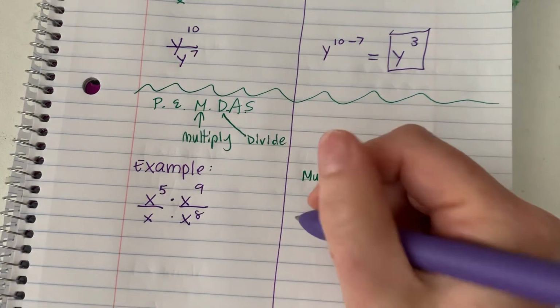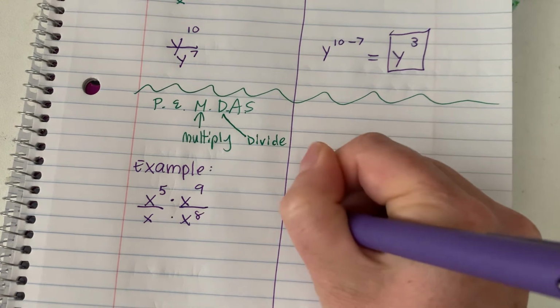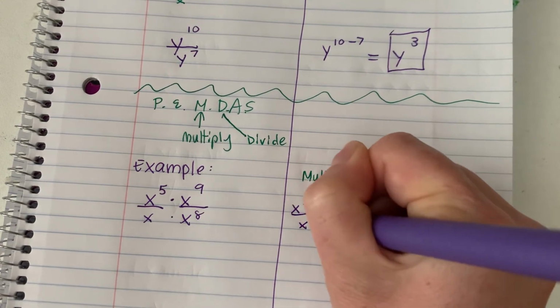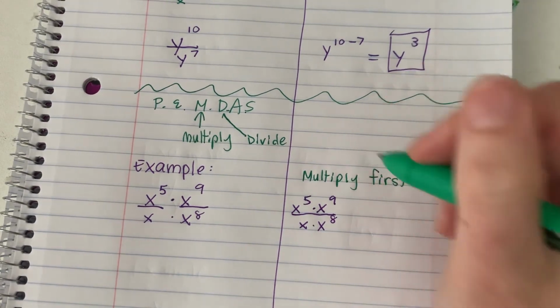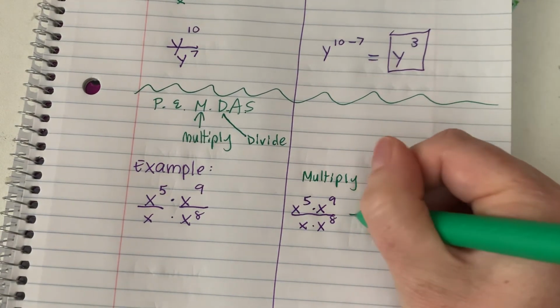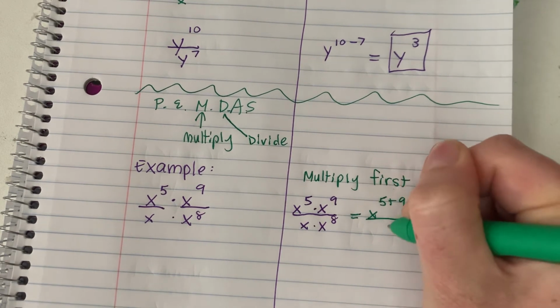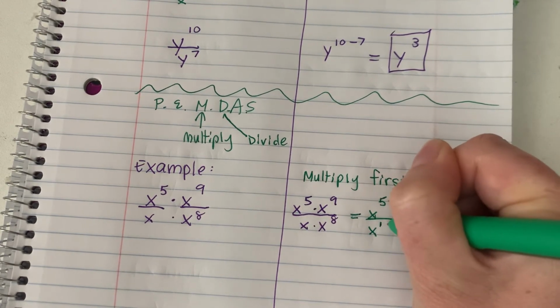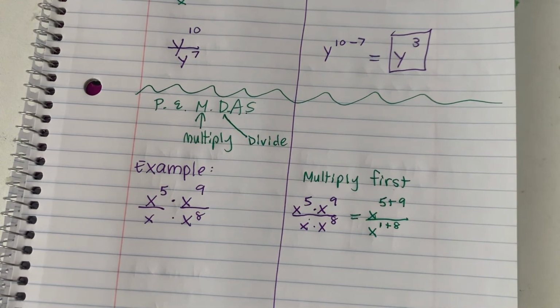So let's go ahead and do that. X to the 5th times x to the 9th all over x times x to the 8th. Remember our rules. For multiply, we're really adding the exponents. And down here we have x to the 1 plus 8. Remember, if there isn't an exponent there, there's an invisible 1.